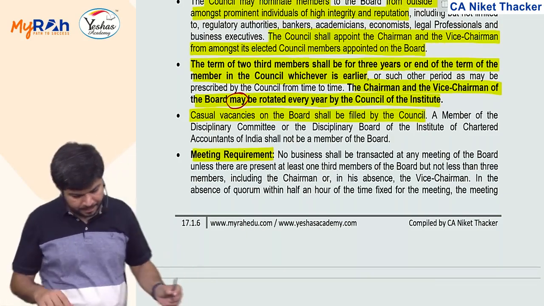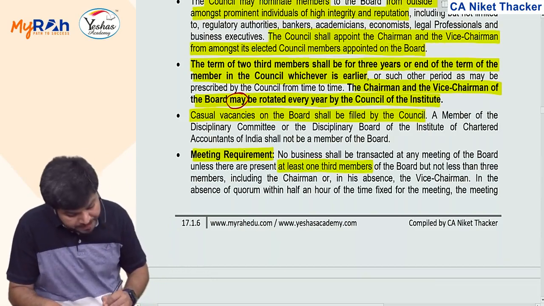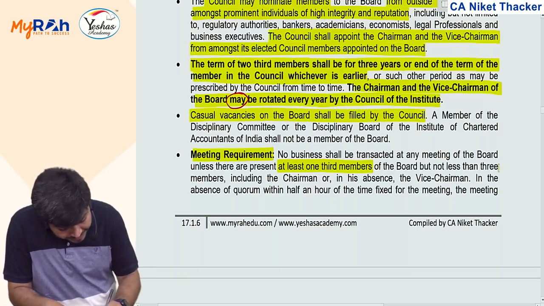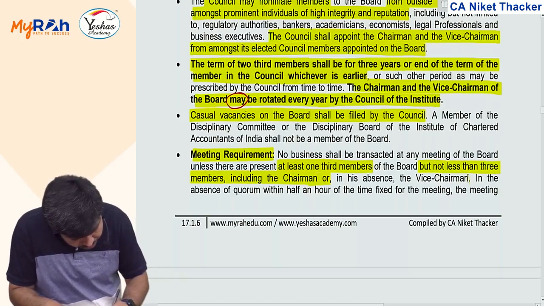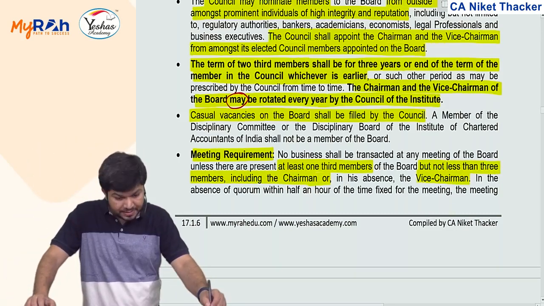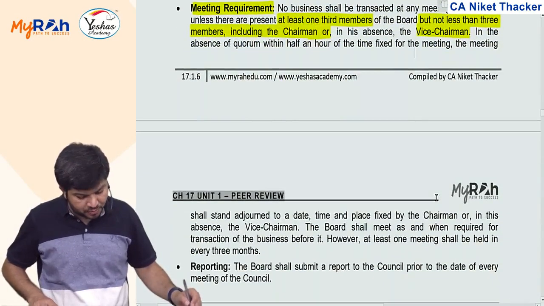Meeting. So there should be at least 1/3 members present, but not less than 3, including a chairman or vice chairman. You need 1/3 member, but not less than 3, including a chairman or a vice chairman. That's quorum.